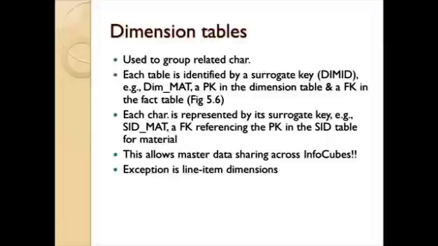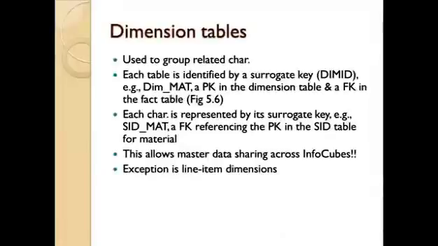Okay, I mentioned earlier that SAP BW also generates a surrogate key for dimensions. So now we have a dimension ID such as DIM_MAT for material, which is a primary key in the dimension table, and a foreign key in the fact table, as illustrated in figure 5.6, page 158.